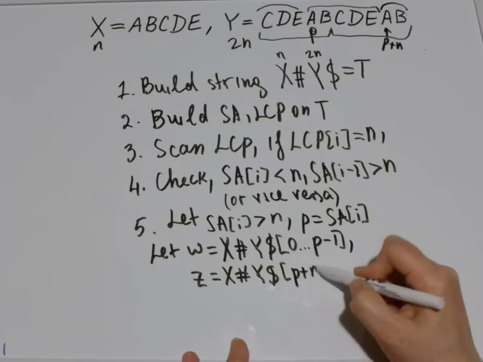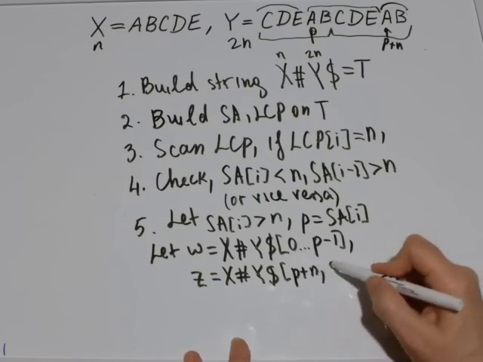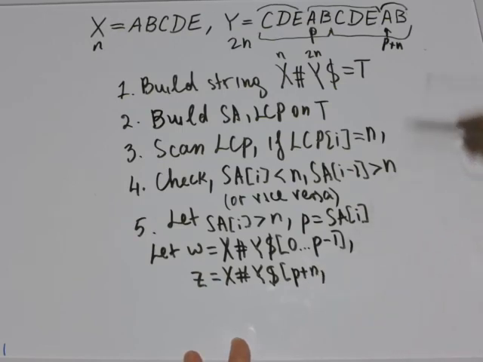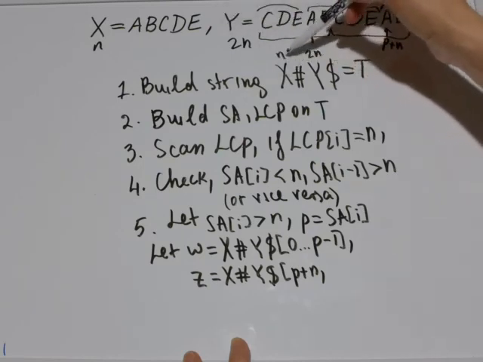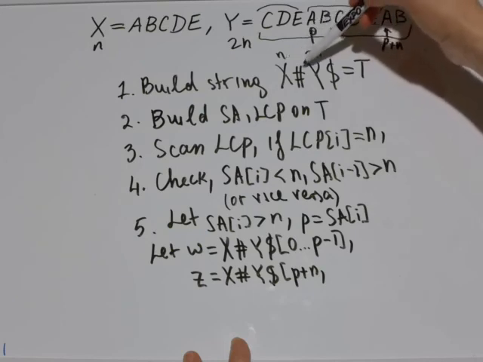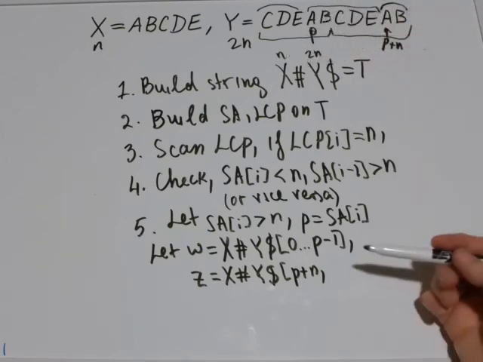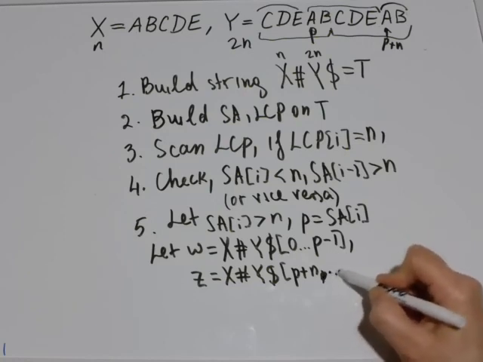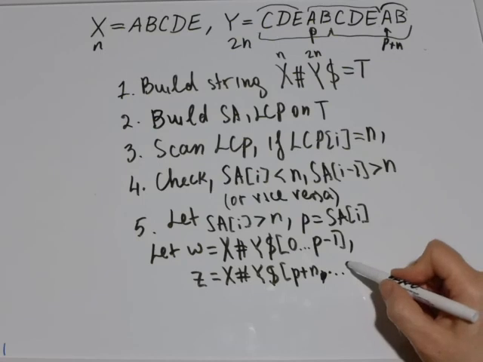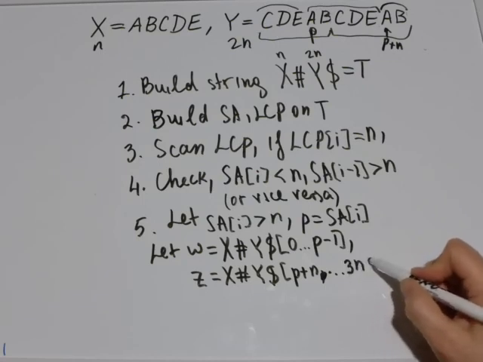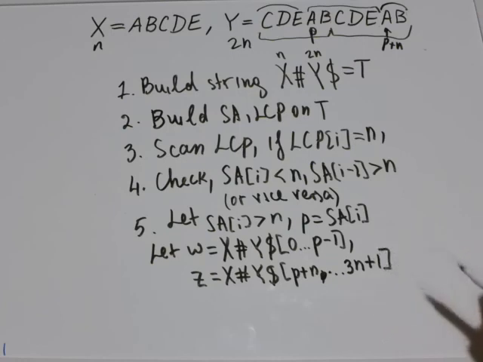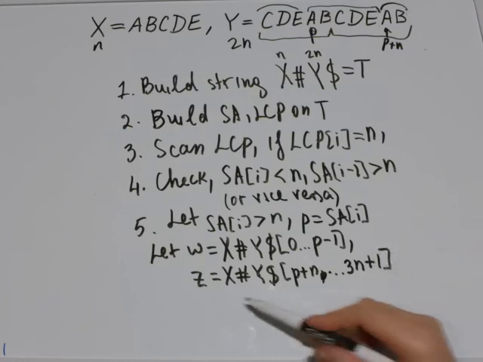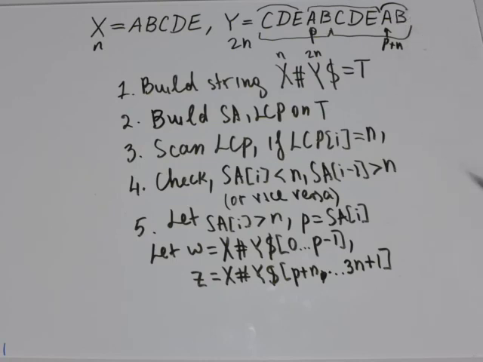P plus n is the starting position of the prefix that ends at position, let's see, 2n plus n, 3n plus 2 more characters, 3n plus 2 minus 1, so it would be up to the end of the string, 3n plus 1, the last index. So this would be substring Z, which corresponds to prefix.